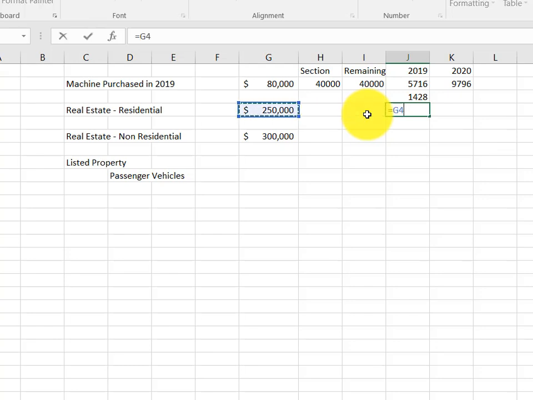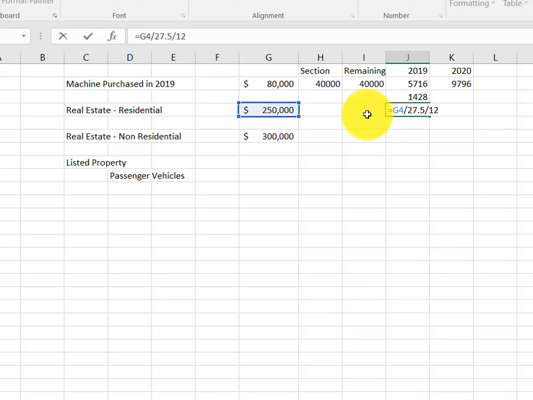However, it's almost as easy to just take the total, divide by 27.5, and then divide by 12, because everything under residential real estate, all real estate, is done on a mid-month convention.